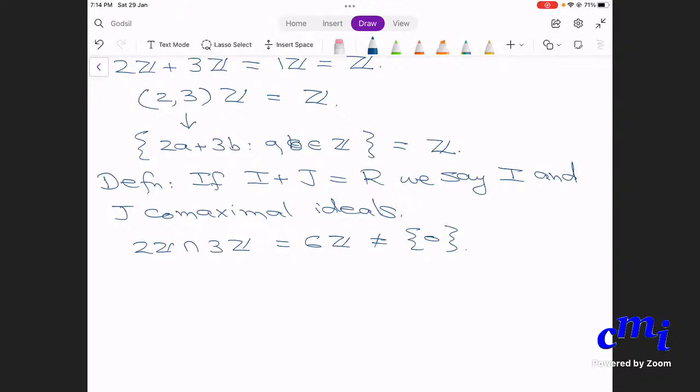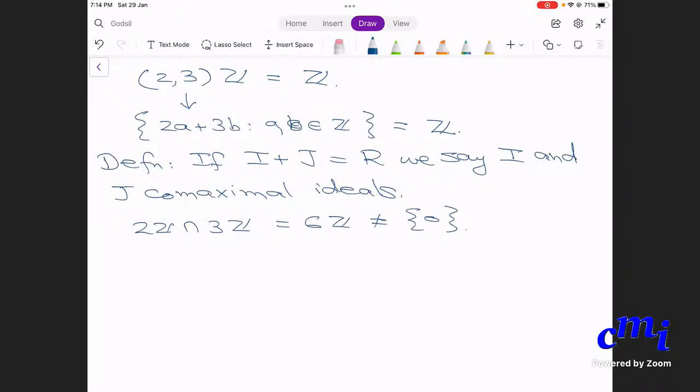Fine. Now let me get to the next operation on ideals, which is product. This operation one must be a little bit careful about.